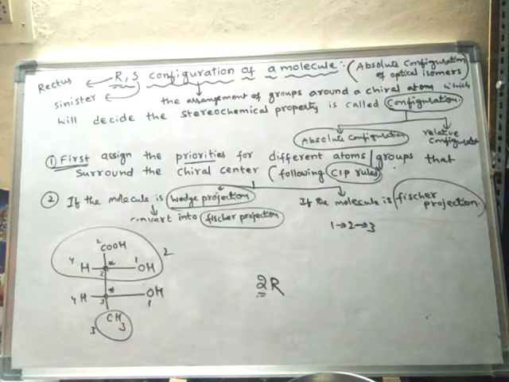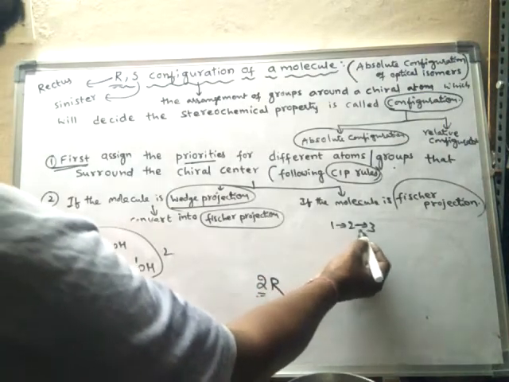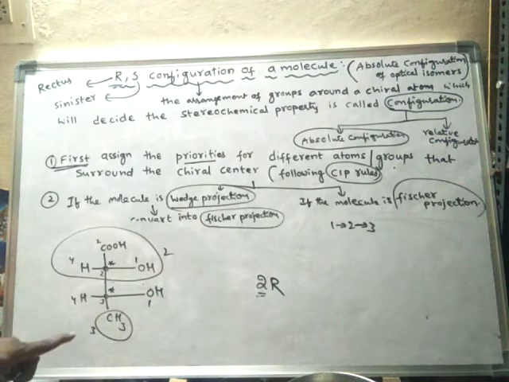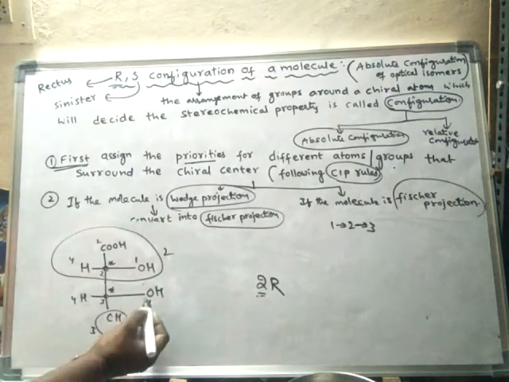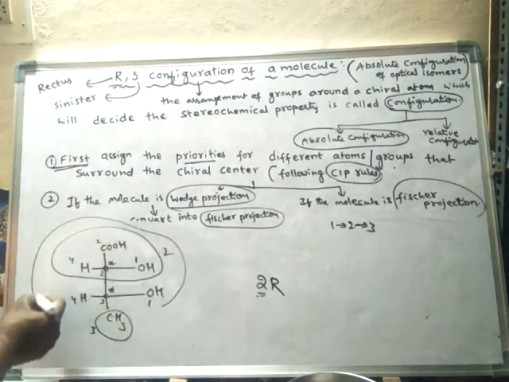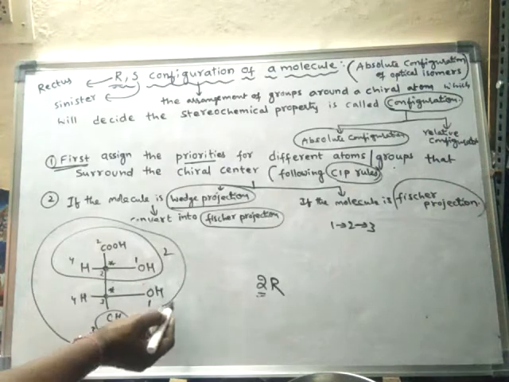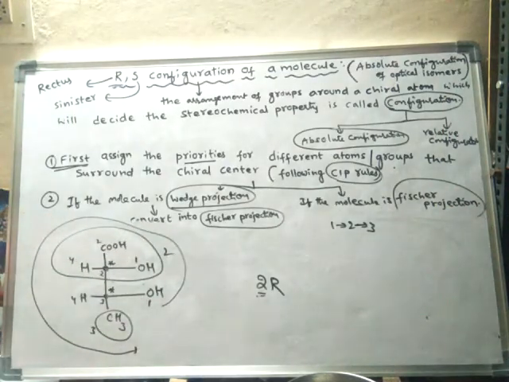Okay, right. Now again we have to draw an arrow from 1 to 2 and 2 to 3. So where is 1? Based on this chiral carbon, this is 1. So from 1 to 2 and from 2 to 3, in which order is it? It is again in anti-clockwise direction.